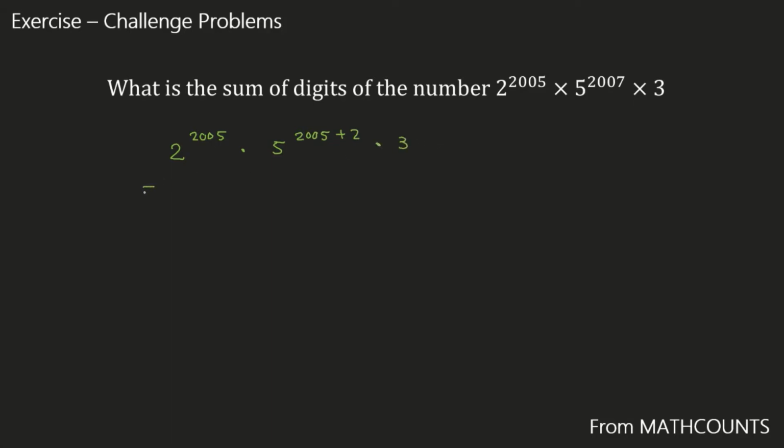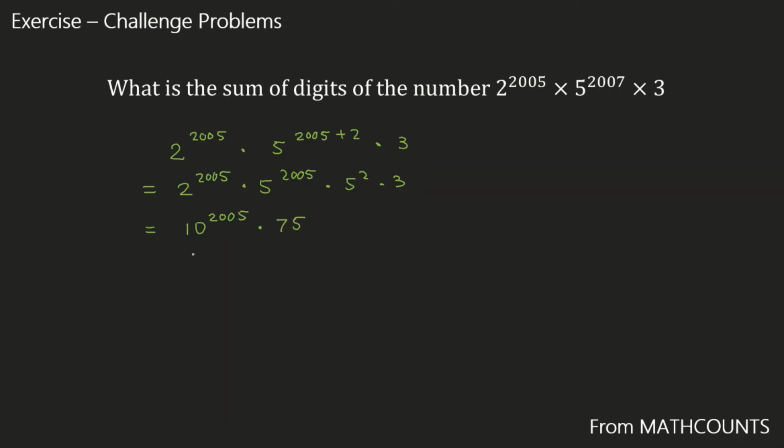So here we have 2 raised to the power of 2005 multiplied by 5 raised to the power of 2005 multiplied by 5 squared multiplied by 3. These two can be combined together, which is 10 raised to the power of 2005. And then 5 squared is 25, times 3 is 75.